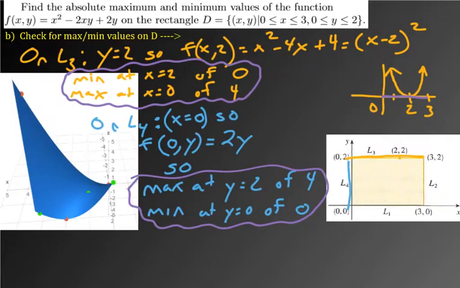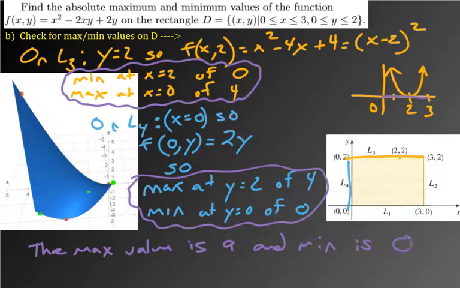So basically the max value is 9 and the min is 0. It didn't ask, I think, where, but we basically found it, right? So it's like a min at x equals 2 of 0. This is actually a graph of what it looks like. So these are minimum values, and then it's like maximum values and stuff. So that kind of sums it up.